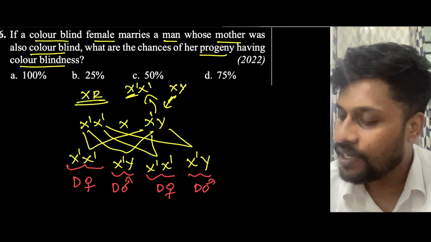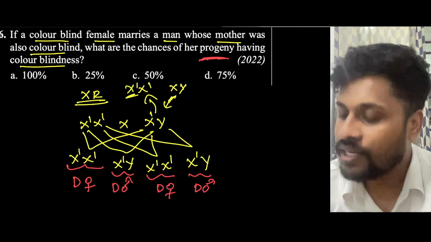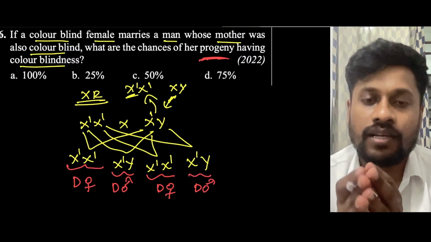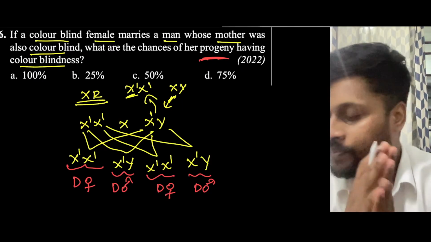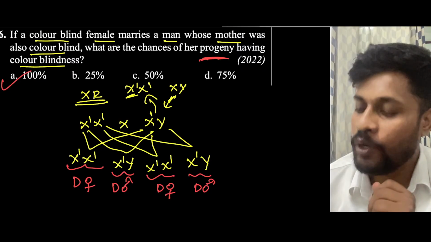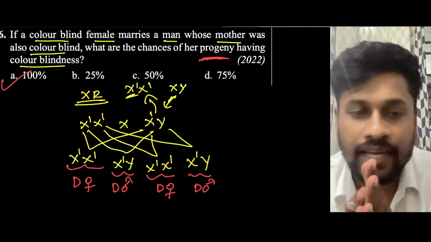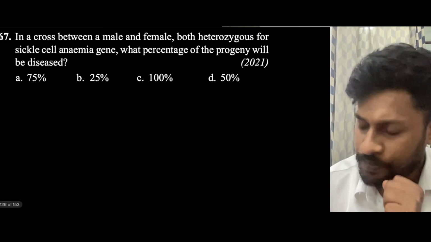Basically, here they are asking what percentage of the progeny are colorblind. Progeny means both male and female. Here you can see all are diseased. So the answer will be option A. Everyone is answering. Very good. Nice. Let's move to the next question.